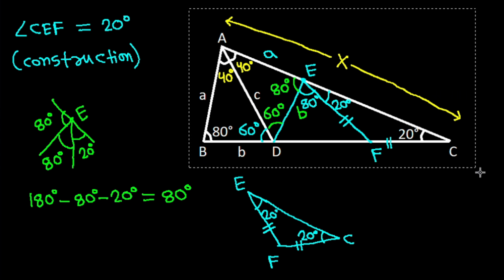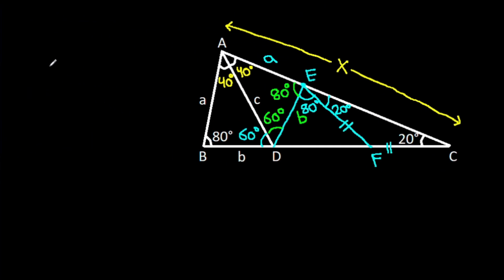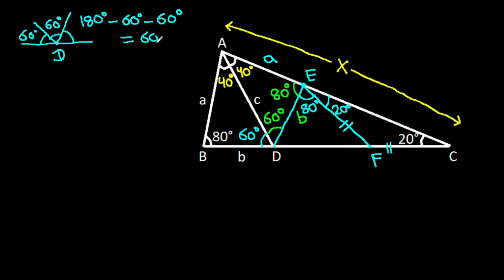And now at point D, this angle is 60 degrees. This angle is 60 degrees. So this angle will be 180 degrees minus 60 degrees minus 60 degrees, that will be 60 degrees. This angle is 60 degrees.